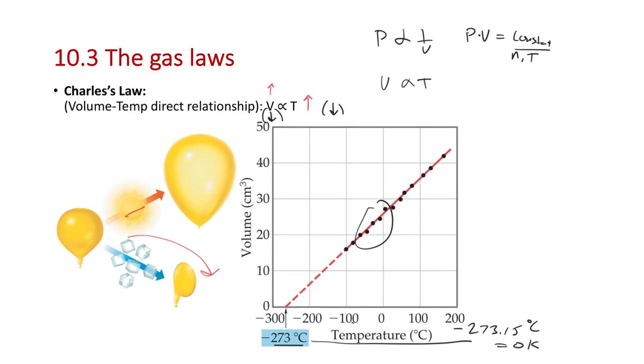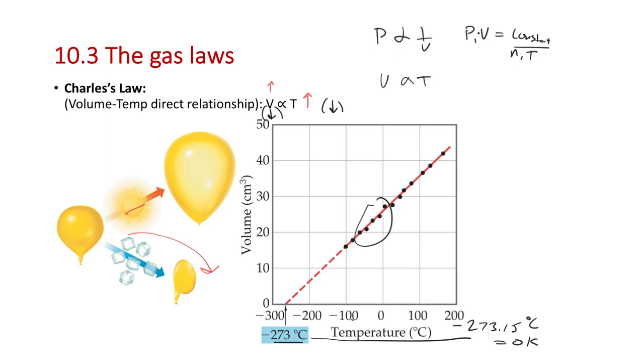If you take the initial conditions of P1 times V1, you have some container with so much gas at a particular temperature, and you keep the amount of gas constant and the temperature constant. I'm not trying to say it's the constant over NT, I'm just saying this is that constant, N and T, so constant moles and temperature, that P1 times V1 is equal to a constant.